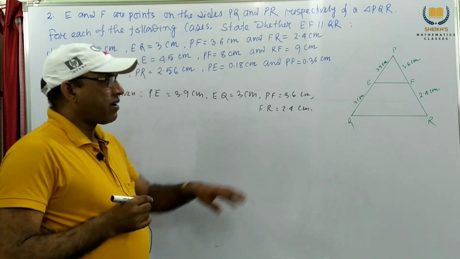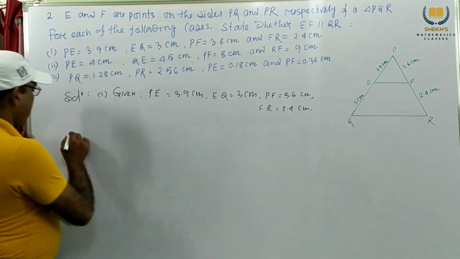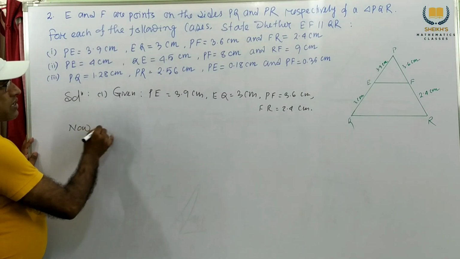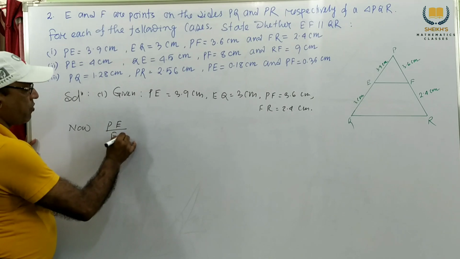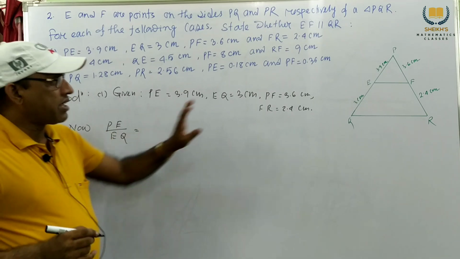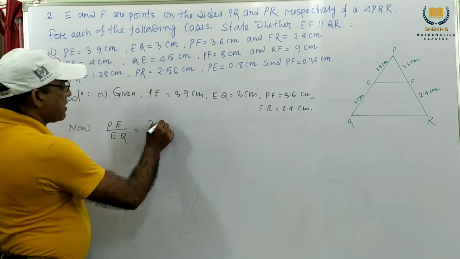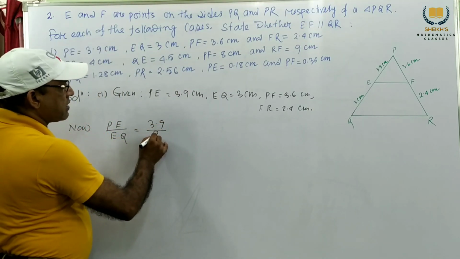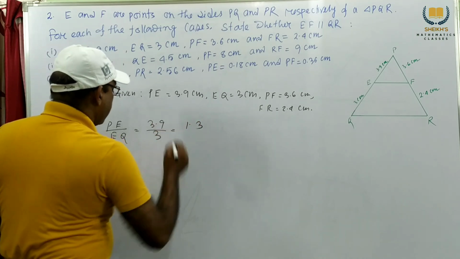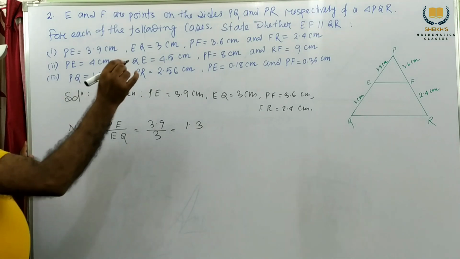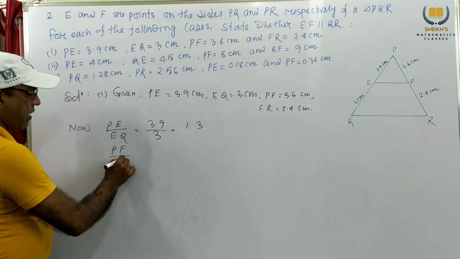Now we check whether this by this equals this by this or not. First we consider the first ratio, PE by EQ. PE means 3.9, EQ means 3. So this is 1.3. And next, PF by FR.